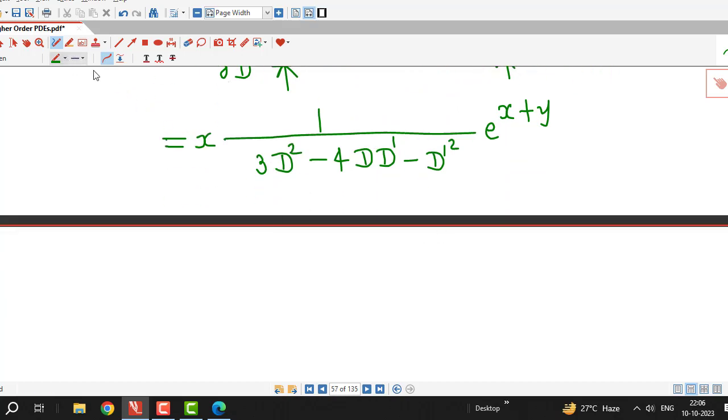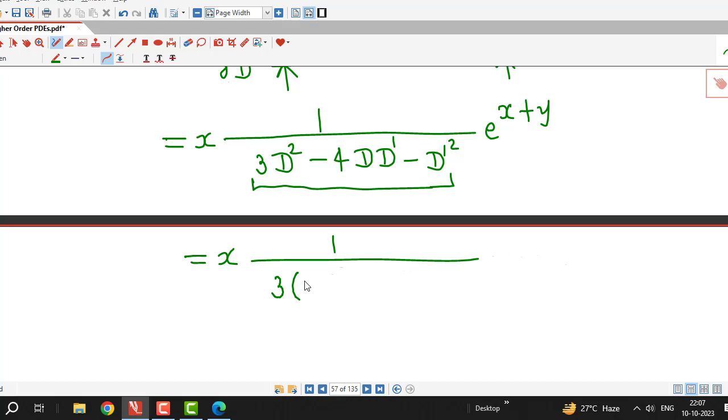Now again we check for D equal to 1 and D dash equal to 1 whether this is non-zero or 0. If I take D and D dash equal to 1, here I have 3 minus 4 and minus 1, that is, 3 minus 4 is minus 1 and minus 1 is minus 2. So this is non-zero for D equal to 1 and D dash equal to 1, so we consider it as it is.